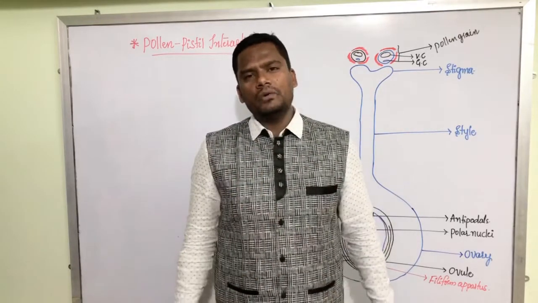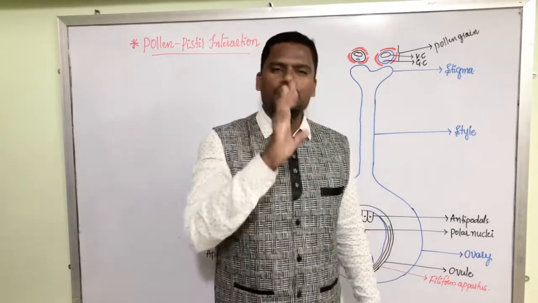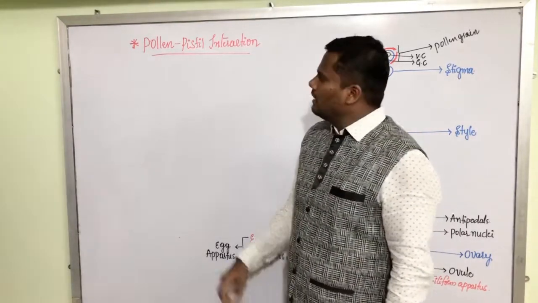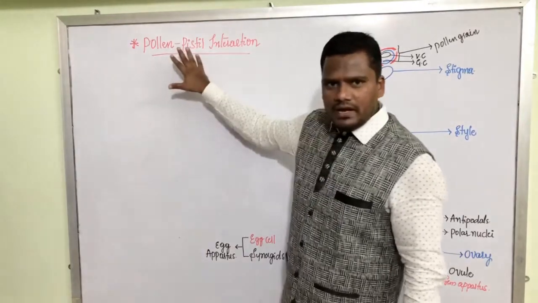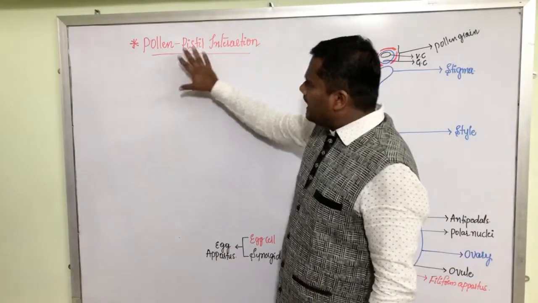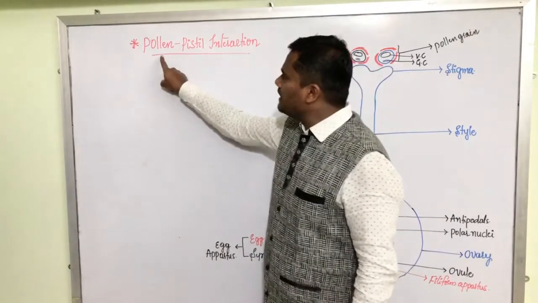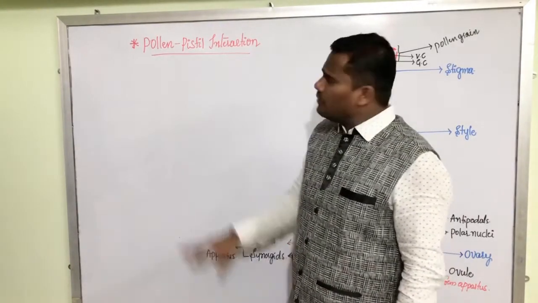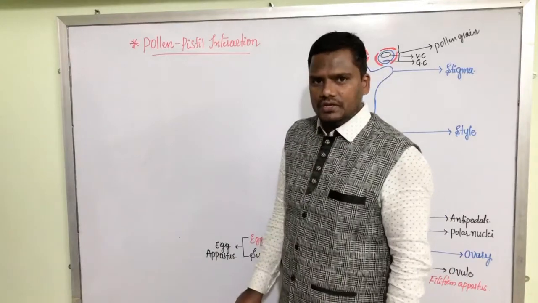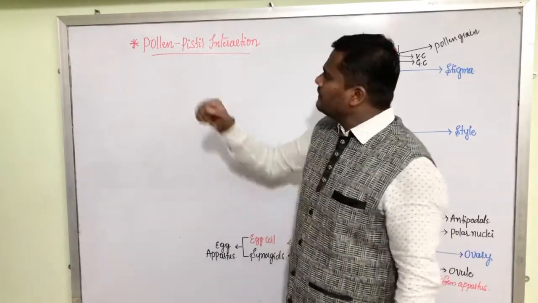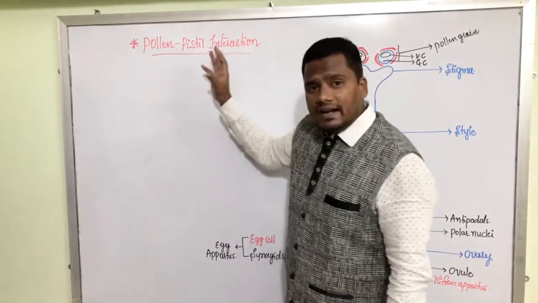In this video we are going to understand one more very interesting process, that is pollen-pistil interaction. The textual meaning of this entire concept is that there is an interaction between a pollen grain and a pistil. And what kind of interaction is it? Interaction means there is a communication, identification. What kind of identification?